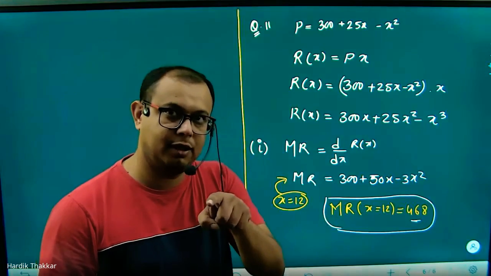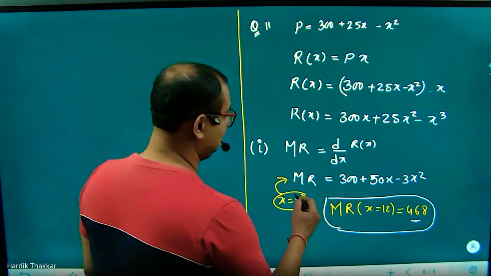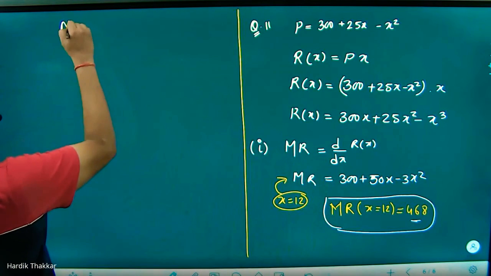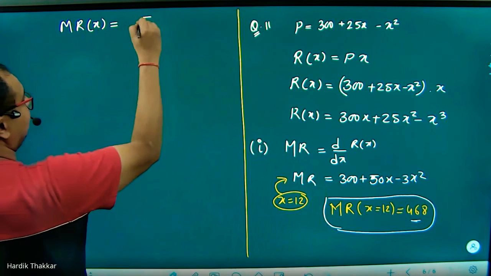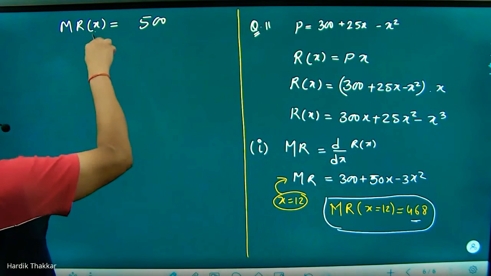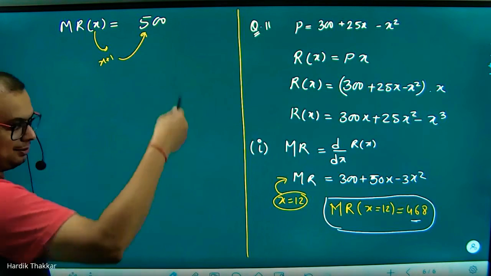If x was 13, our interpretation will be for the 14th, one product ahead. Yes, correct. So what does this mean? If MR of x is, for example, 500, it means for the x plus 1th product our revenue will be this.